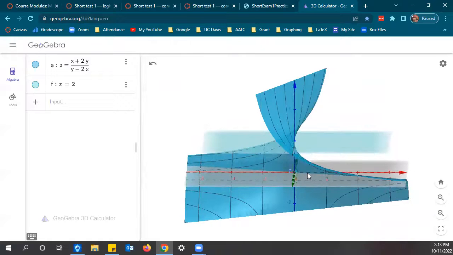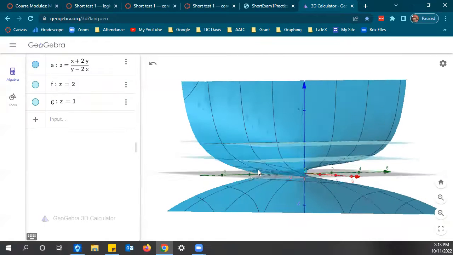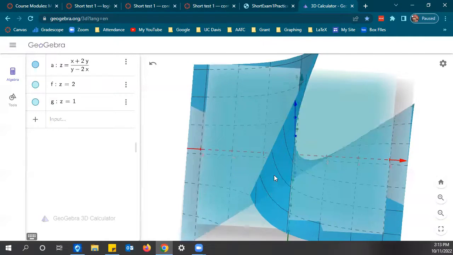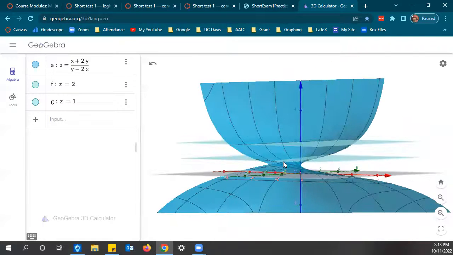That's exactly x equals 0. See, I picked the wrong one. Let's pick z equals 1. So that one also is being cut. It's a little dicey, but you can see right there's the equation of the line. It is a line that's cutting that surface.